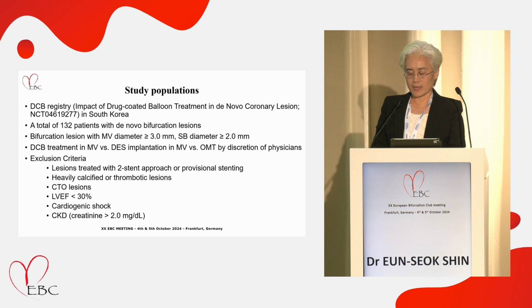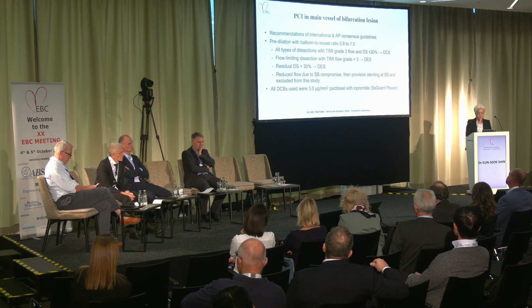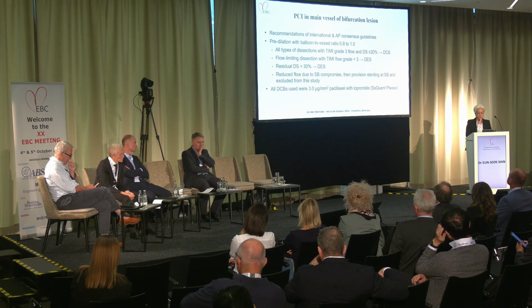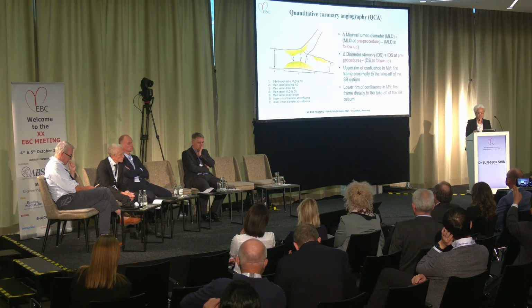Cases with severe side branch stenosis requiring PCI were excluded. According to the DCB consensus guideline, the main vessel was treated with either DCB or DES. All DCBs used were paclitaxel with iopromide.